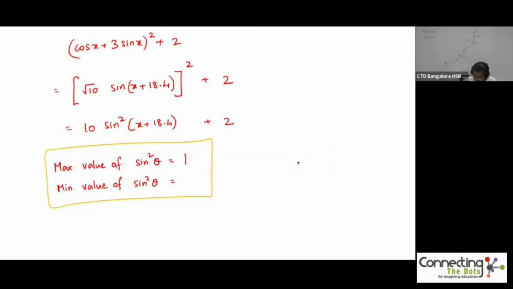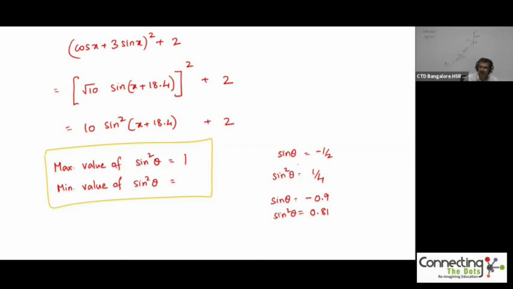So let's say sine theta is a negative value. What happens to sine square theta? It becomes 1 by 4. What happens if sine theta is some other negative value? It again becomes a positive value. So if sine theta becomes negative, sine square theta becomes a positive value.